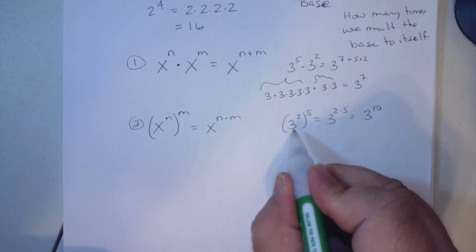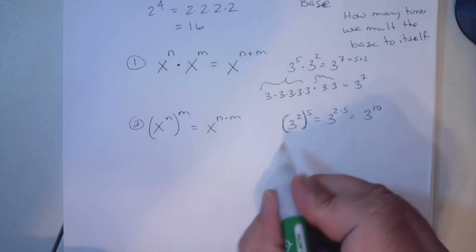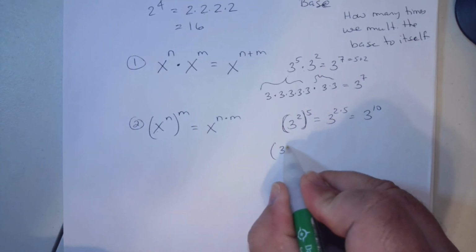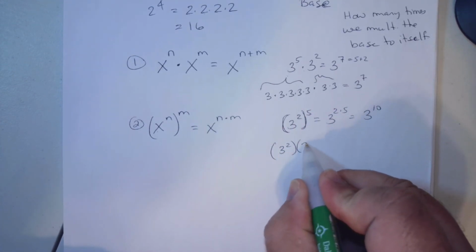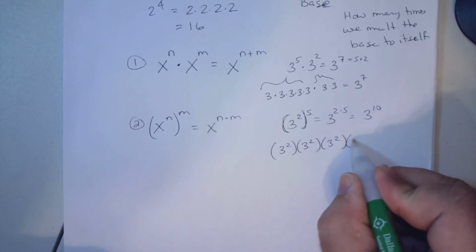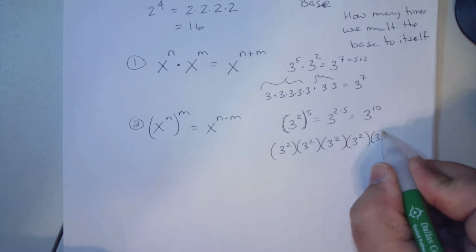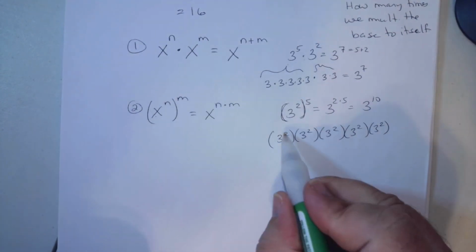Let's see what this means. So this is inside parentheses. It's raised to the power 5. So we have 3 squared times 3 squared times 3 squared times 3 squared times 3 squared. We have 5 of these.